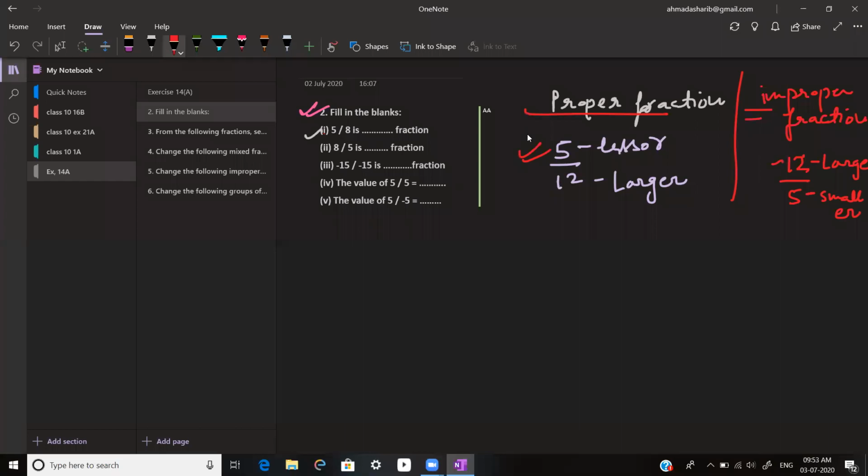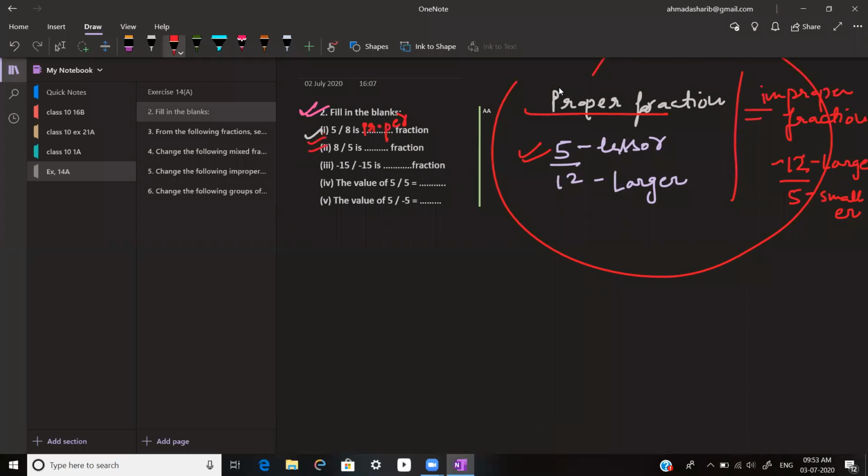So on this observation, can you tell me whether 5 upon 8 is a proper fraction or an improper fraction? Yes, it is a proper fraction, because it has a lesser numerator than the denominator.